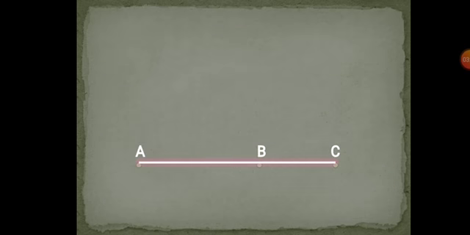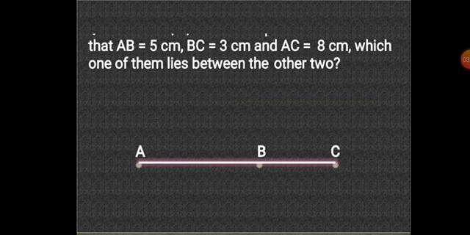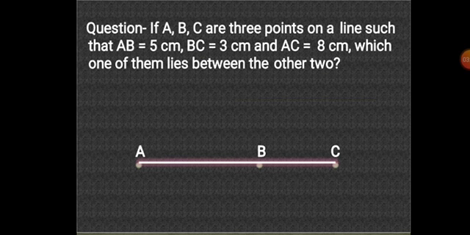Now here we have a question with us. The question is, if A, B and C are 3 points on a line such that AB is 5 cm, BC is 3 cm and AC is 8 cm, which of them lies between the other two?